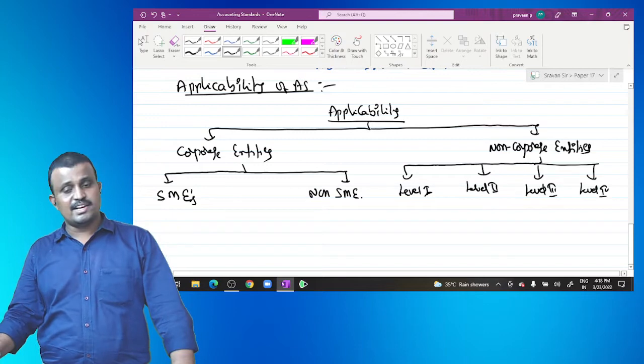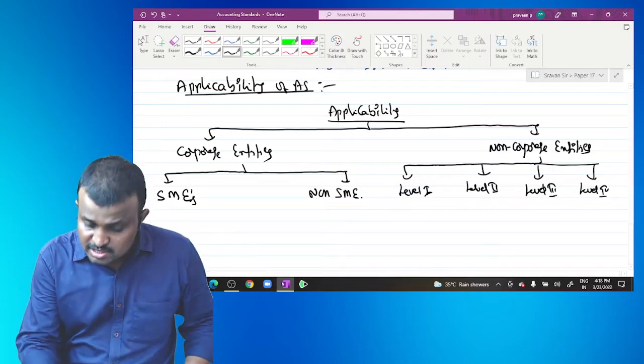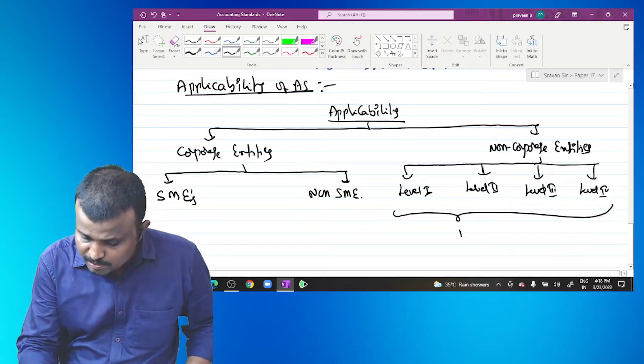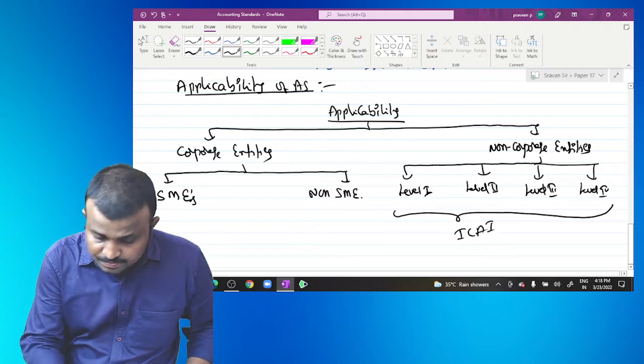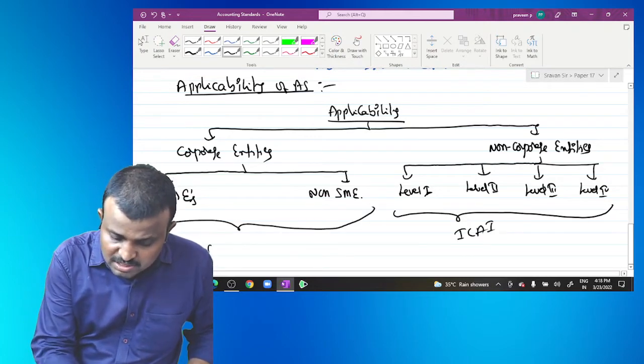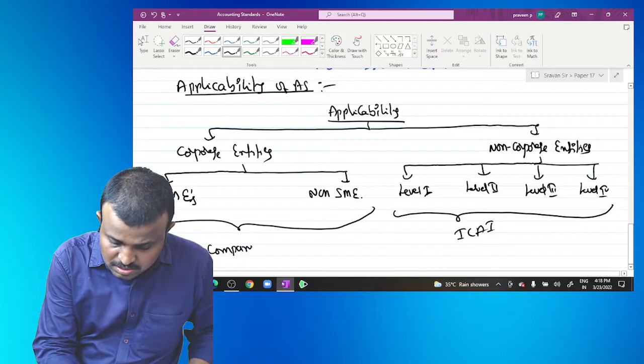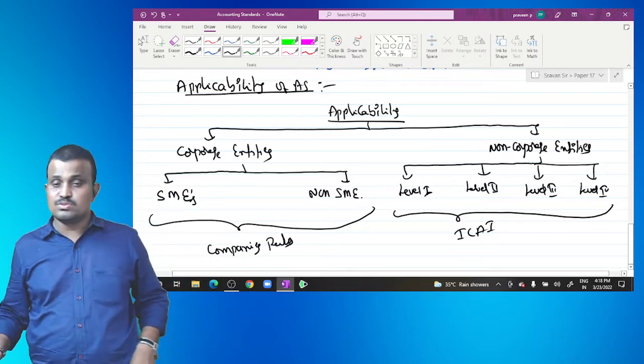Here, these applicability criteria are issued by ICAI, and this is as per the company's rules.